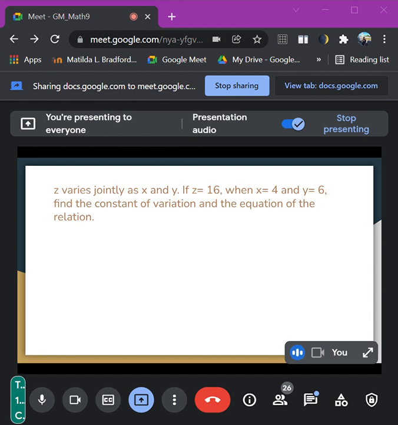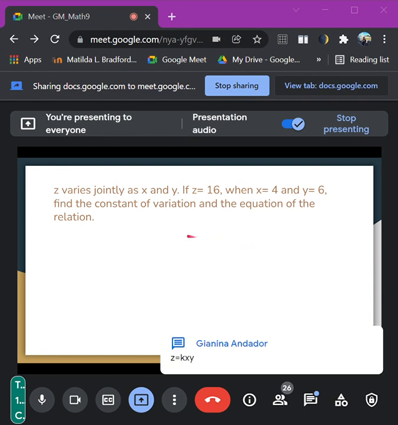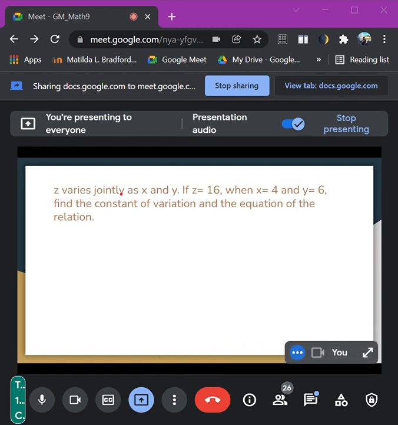So, first, we're going to write our equation. So, you have there z varies jointly as x and y.